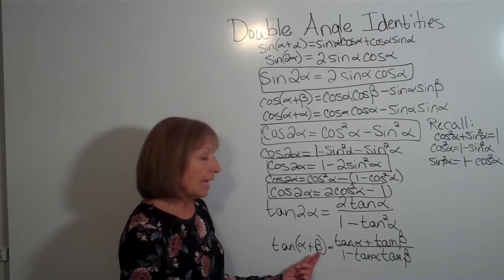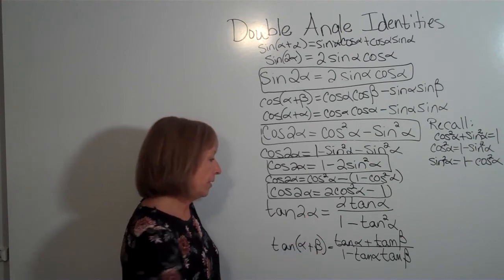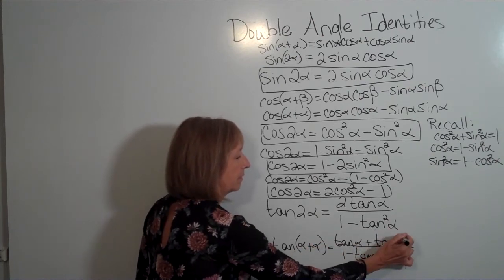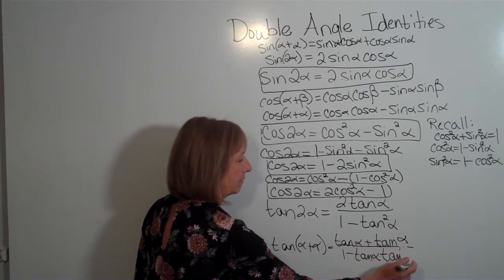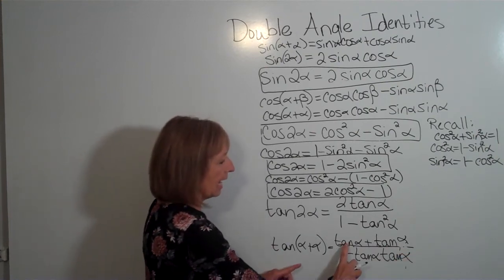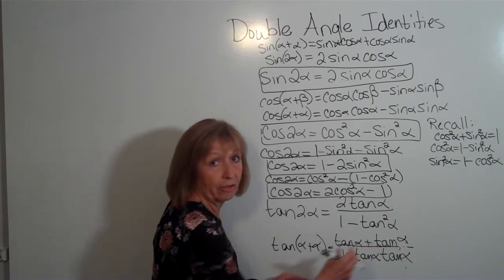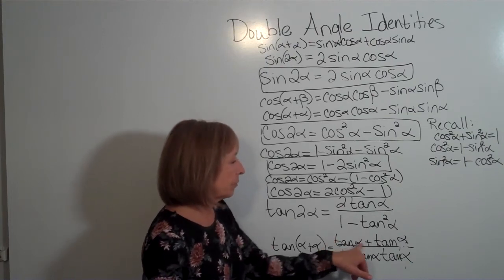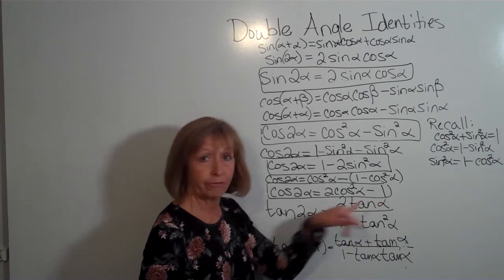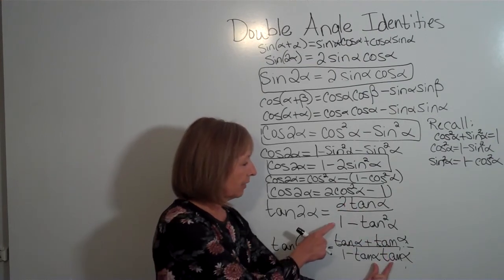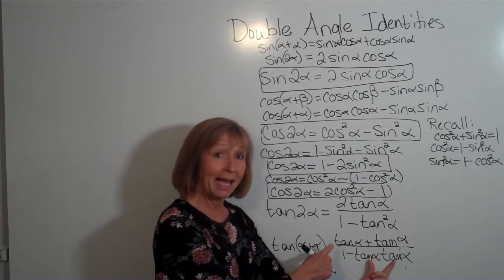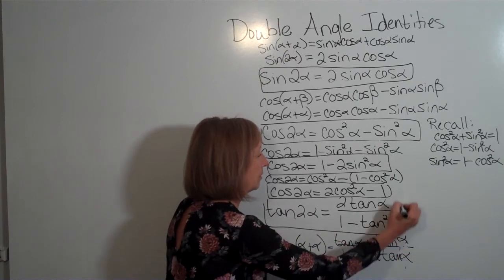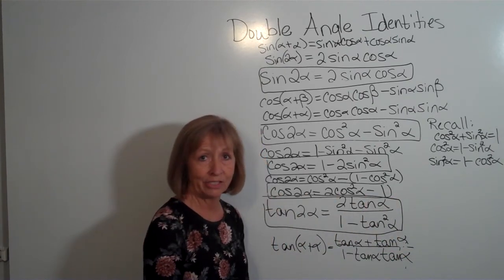Now, remember, to get 2 alpha, we just change the betas to alphas. And I have tangent alpha plus tangent alpha. So when you're adding like terms, 1 tangent alpha plus another tangent alpha is 2 tangent alpha for your numerator. But in the denominator, it's 1 minus tan alpha times tan alpha, which is tangent squared alpha. So that gives us our double angle identity for tangent.